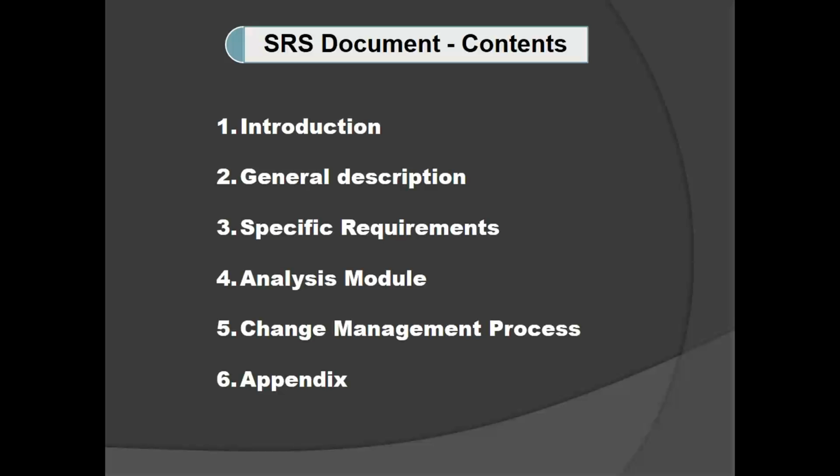And third one is user characteristics. Under this subsection, we are going to specify how many actors are there in this particular project, and what they are going to do, that also we will specify.